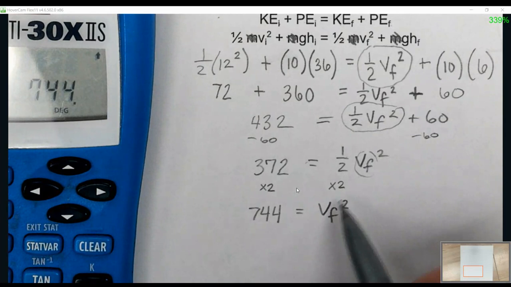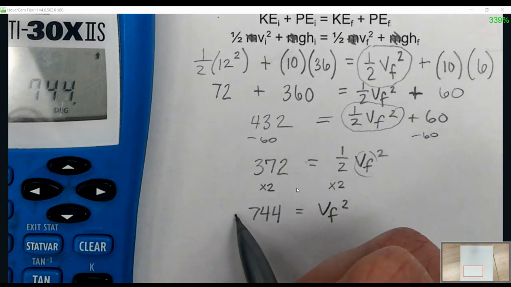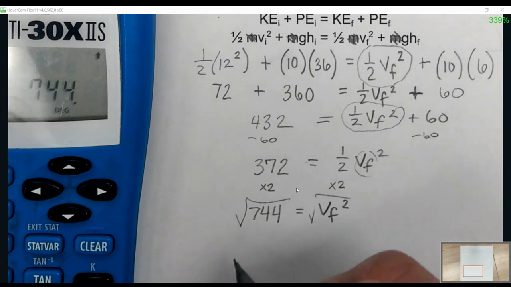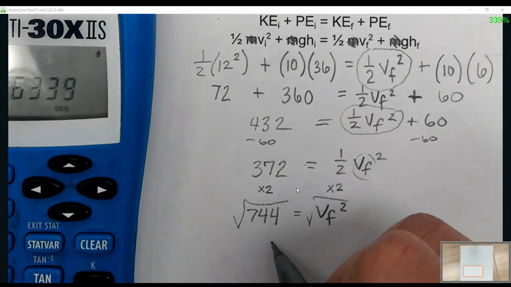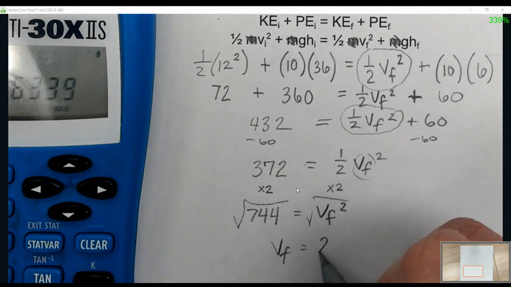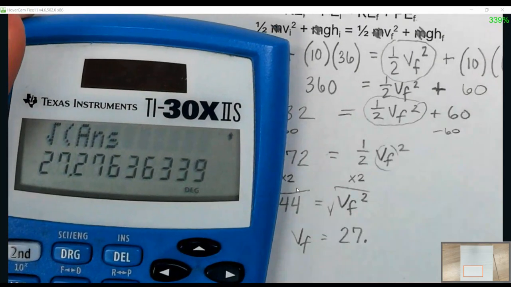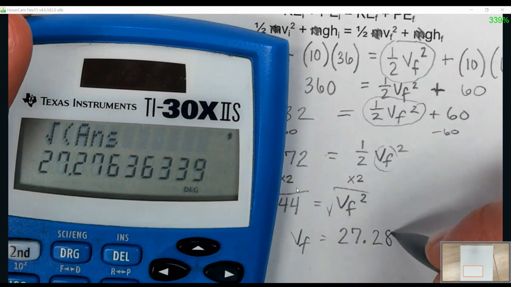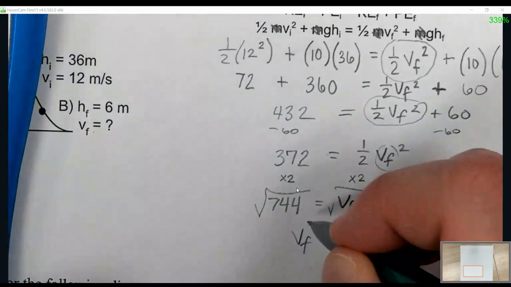And to get VF by itself, you then have to square root both sides, okay, and that will come out to be 27 point, you can call it, I don't know, 27.28. And that unit for velocity is meters per second.